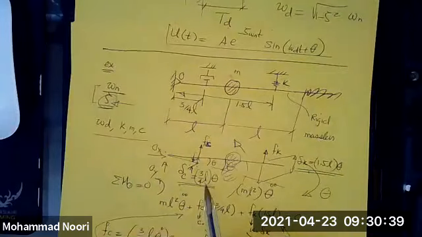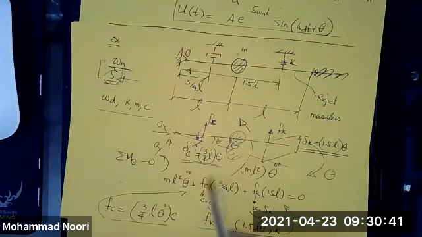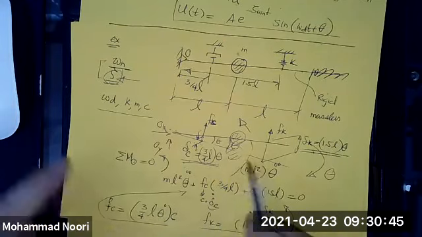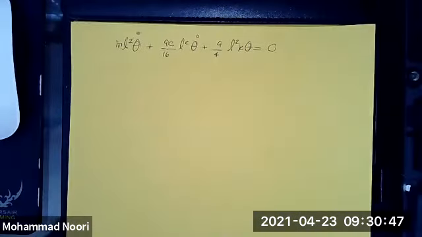You can see it here because this is 3/4 of L, right? Times 3/4 L, so 9/16 L squared theta double dot. So that's how I ended up with this equation.